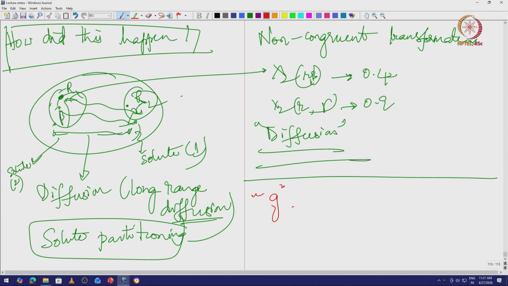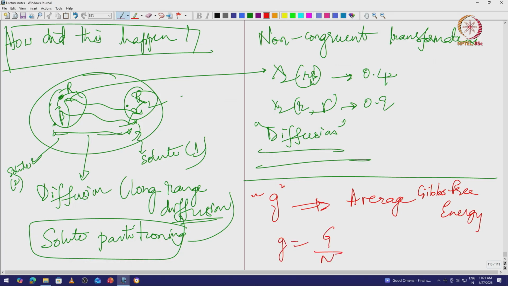Okay. Now, small g is what is called the average Gibbs free energy, and the way I define small g is just capital G by capital N. Capital N being the total number of molecules in the system, all phases included, at any given temperature, and G being just the free energy of all phases included.